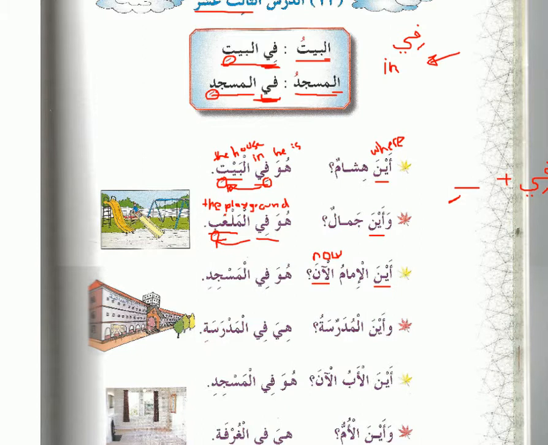Aina al-imam al-an. No, it doesn't have a gender. It's like huna, hunaka, here, there, now, all these kinds of words. Aina, where. They don't have gender. Aina al-imam al-an. Where is the imam now? So the answer is, you know you're going to use an in.